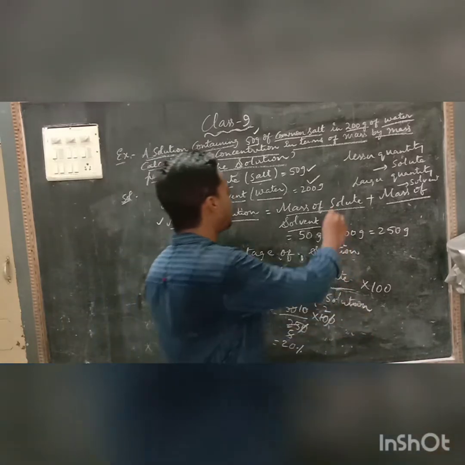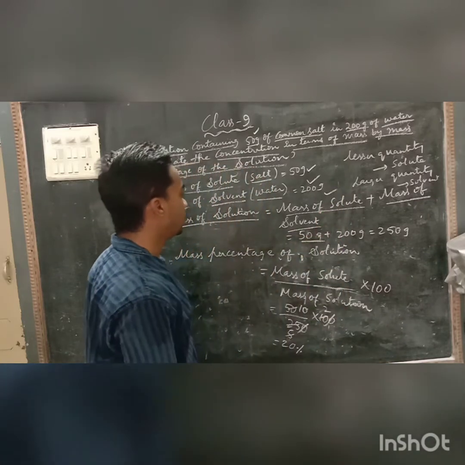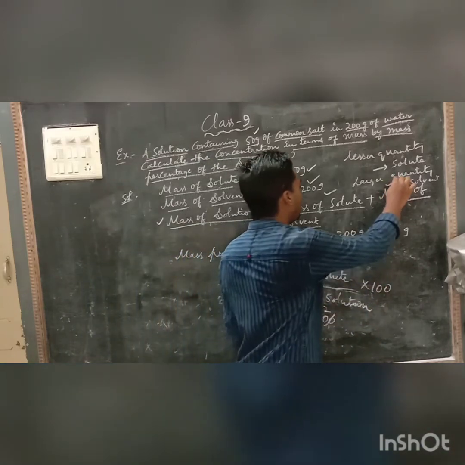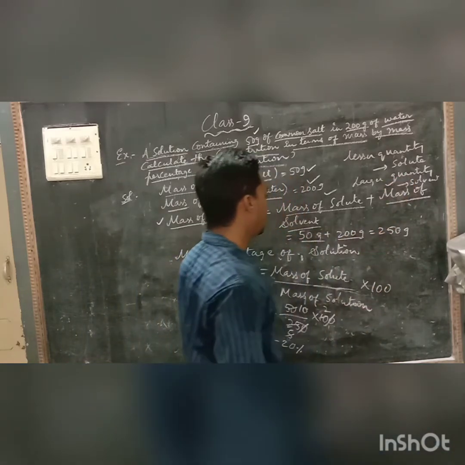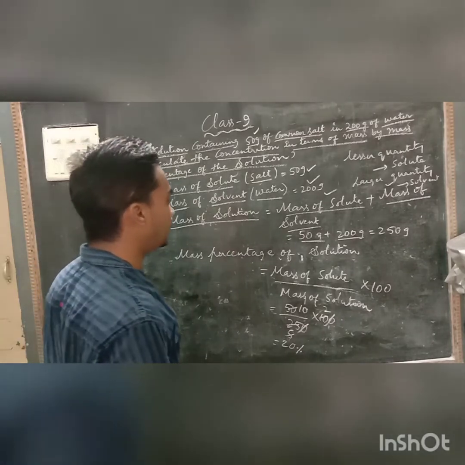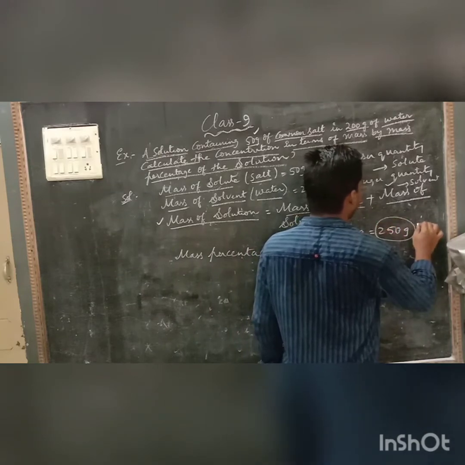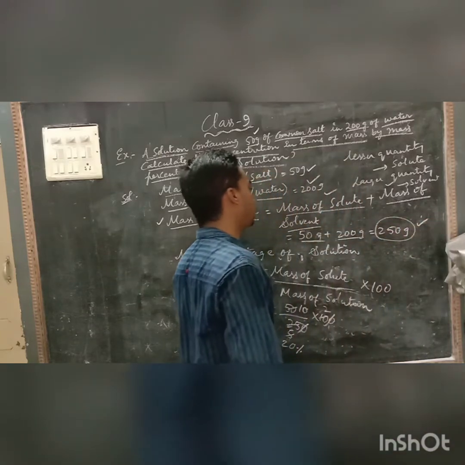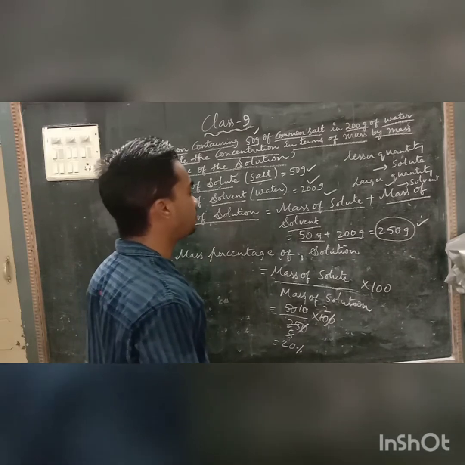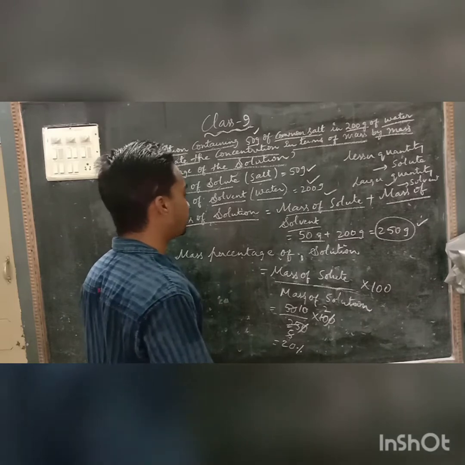What is the mass of solute here? Mass of solute is 50 grams. Mass of solvent is 200 grams. Overall, if you calculate, you will get 250 grams. So 50 grams plus 200 grams is equal to 250 grams.